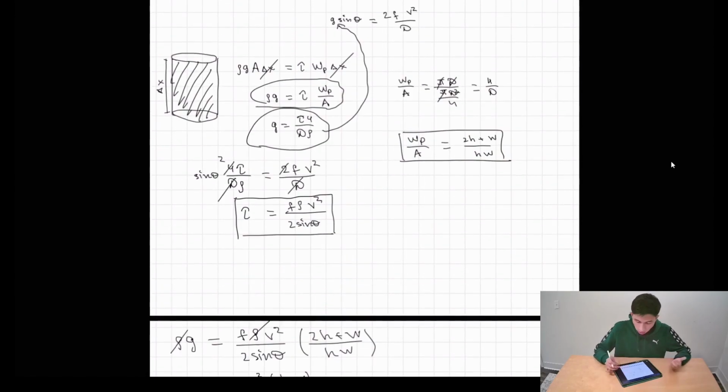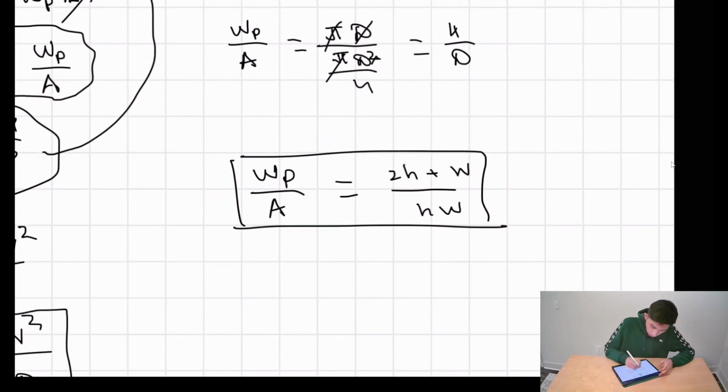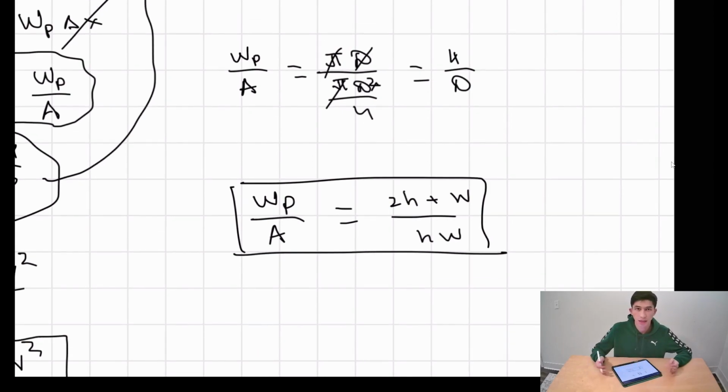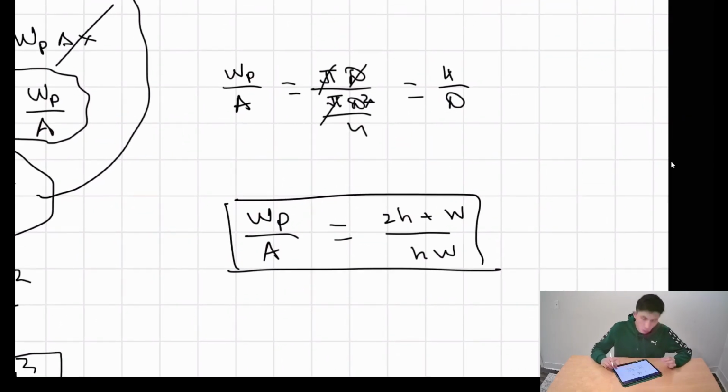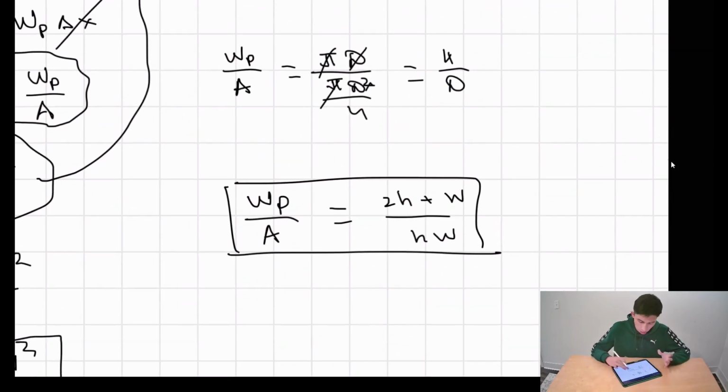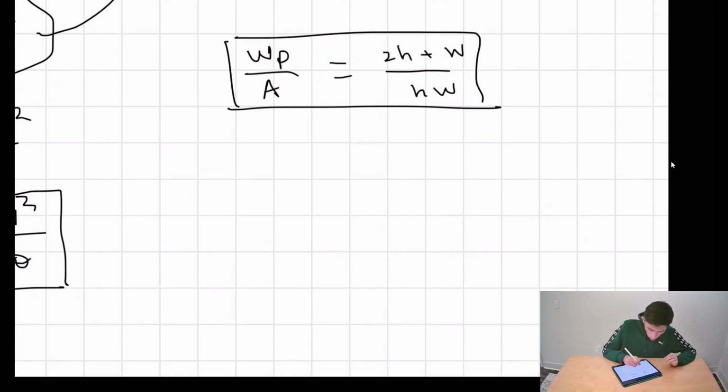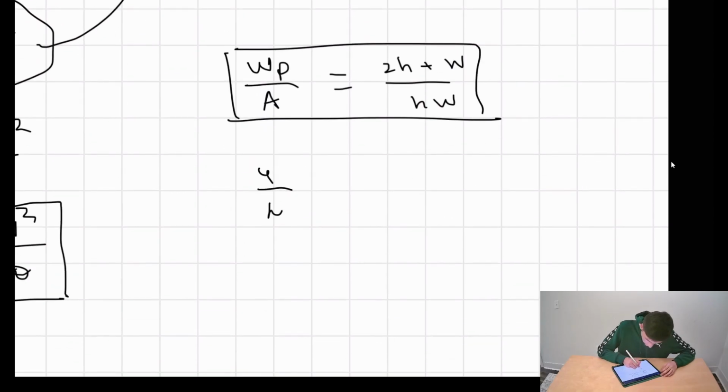So how we can find the effective diameter is, we're assuming that the shear stress is equal to the one with the circular pipe, right? So we can make our wetted perimeter over area equal to each other. The wetted perimeter over area in a circular pipe was 4 over diameter, and the one in a rectangular channel is (2h plus w) over hw.